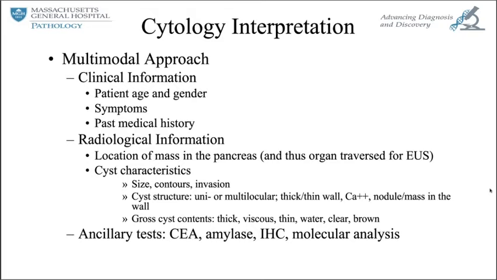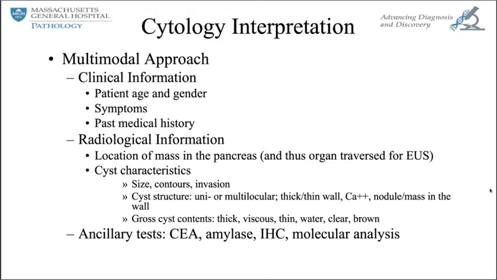What did the gastroenterologist see when they aspirated that cyst? Were the contents of this cyst thick, viscous, thin, watery, clear, brown, opaque, sticky? All of those gross descriptions really add to the information we have under the microscope. And critically important are ancillary tests.